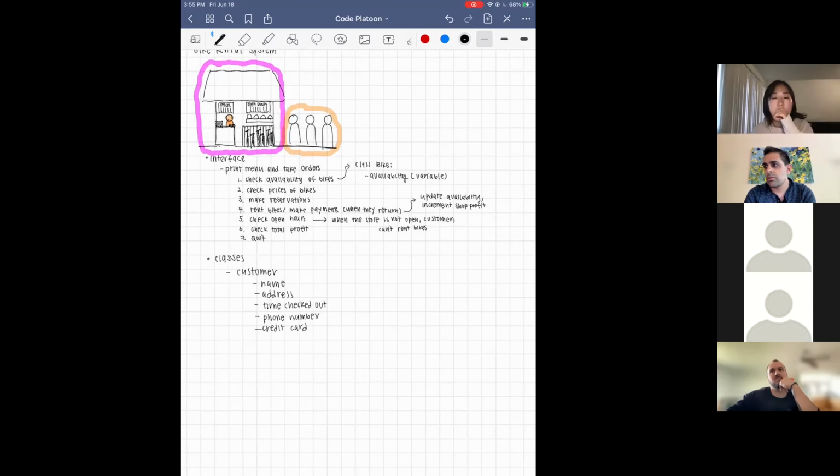And one thing to note here is that whenever you create the attributes for your class, it has to do with like reservation or storing the customer's information and differentiating one customer from another customer. It's important to have at least one attribute that is unique to that customer. So for example, name is not gonna be a unique attribute because I'm Kate Kim, but another person named Kate Kim can borrow another bike, and then it will be hard to differentiate between this Kate Kim and the other Kate Kim.